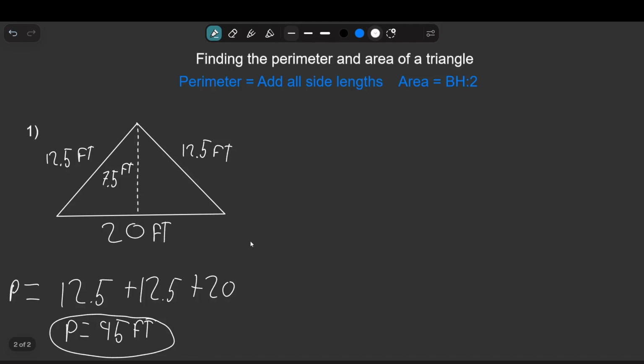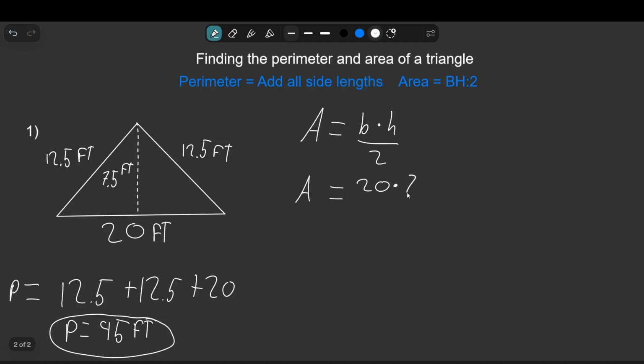So, onto the area. It's going to be pretty simple again. Area equals base times height divided by 2. We know our base is 20 feet, and we have been given our height right here.